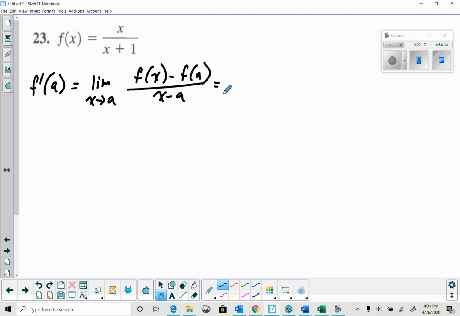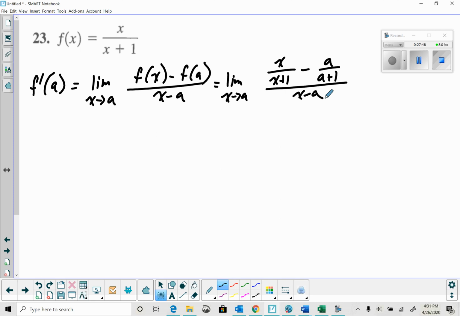If we apply that to our lovely function here, we're dealing with the limit as x approaches a of x over x plus 1 minus a over a plus 1, all over x minus a.